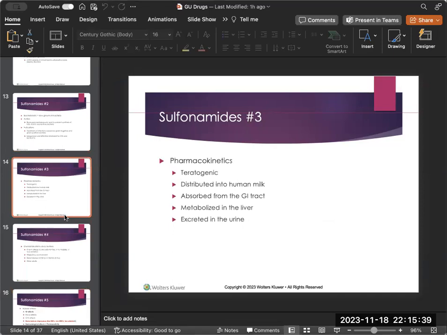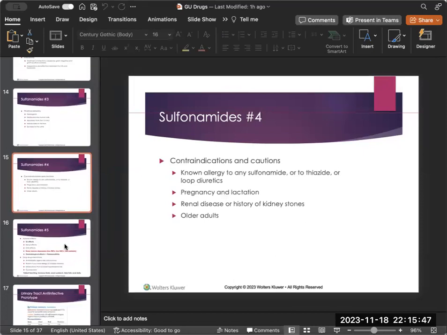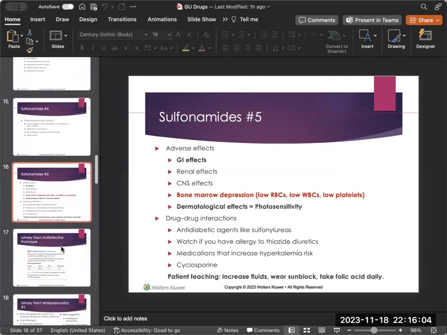They're absorbed in the GI tract, so we have to be careful with the GI system. And they're excreted in the urine, so we got to be careful with the renal system. So, right, renal disease or a history of kidney stones, a no-no. Pregnancy, lactation, contraindication. Remember, if you have an allergy to any sulfonamide or to thiazide or loop diuretics, they're related, especially those thiazides. So no sulfonamides if you have a thiazide allergy, because they're related.